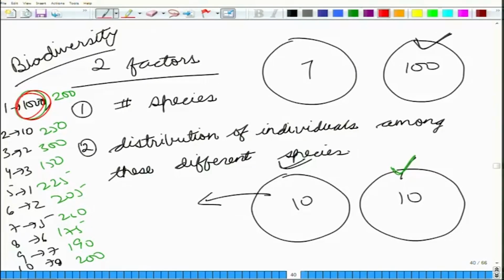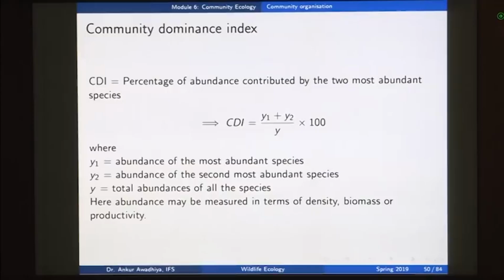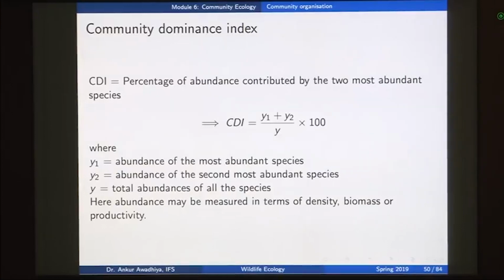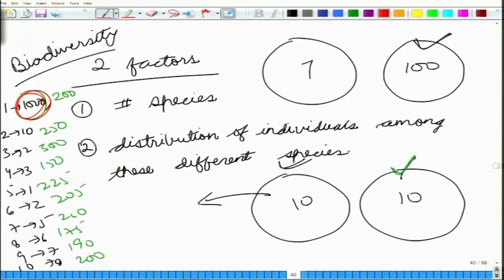Now, when we are talking about the community dominance index, we take not just the most abundant species but also the second most abundant species. Suppose the first species had 1000 individuals and the second most abundant had, say, 800 individuals. So, here we have 1800 individuals that are there in just two species, and all the other species have very less number of individuals.